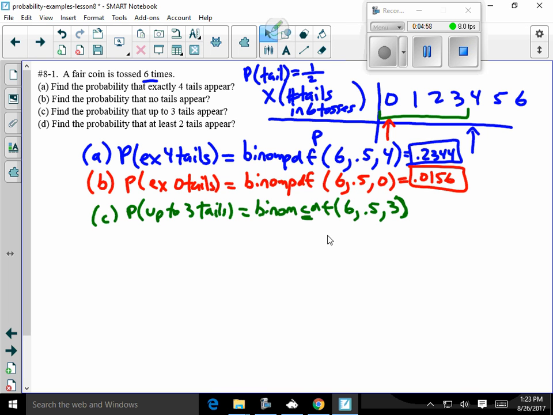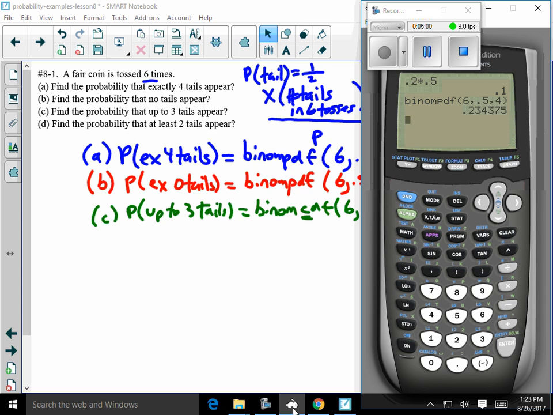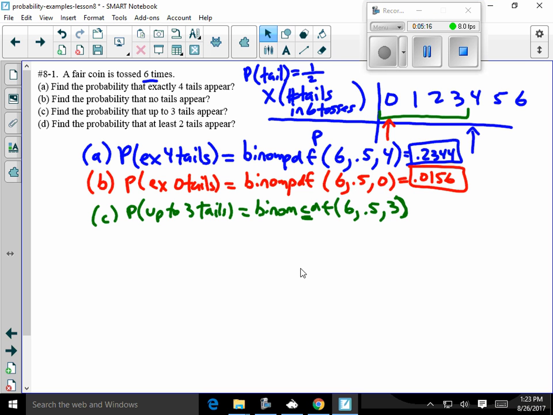That is located in the same place as the binomial, so second vars, but it's the next one down. After binomial PDF, there's a binomial CDF. Same entry, 6 trials, 0.5 chance of success, up to and including 3, and that would be about 0.6563, something like that, okay?